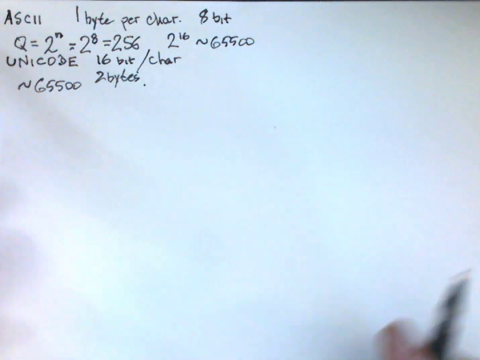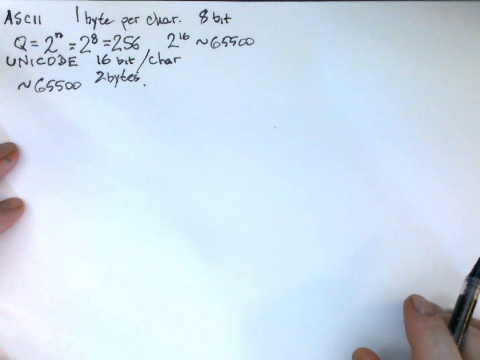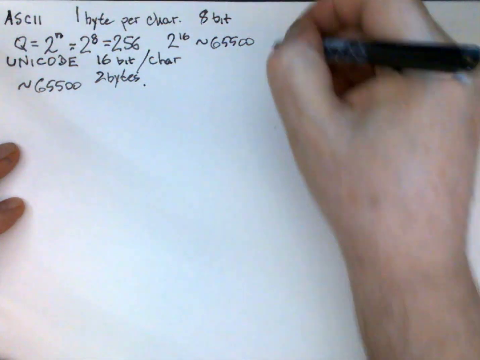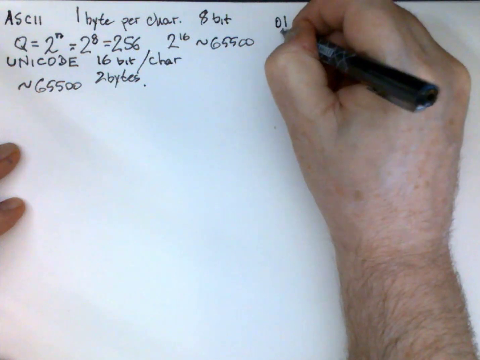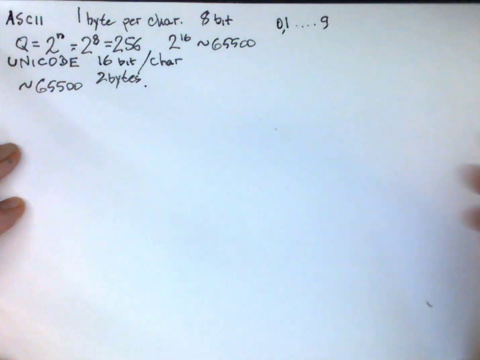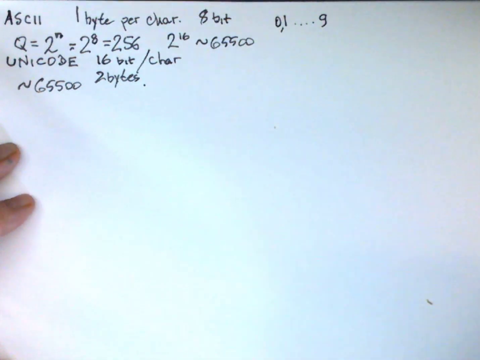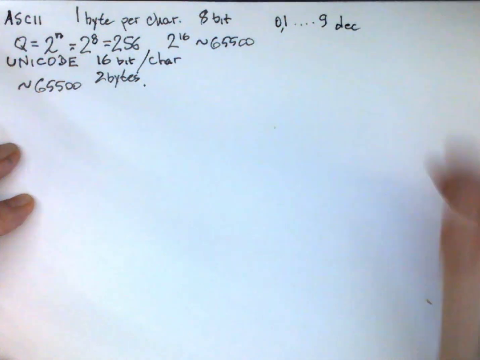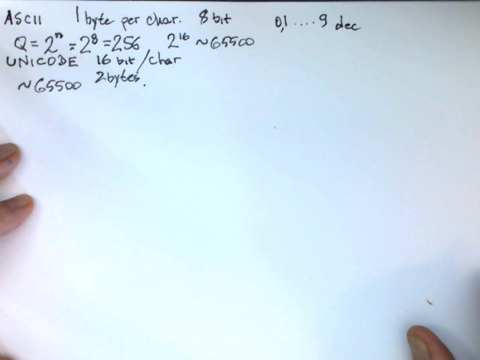On the other hand, the digital presentation of numbers from 0, 1, and so on to 9, which are the symbols of the decimal system, could be provided also with binary digits.